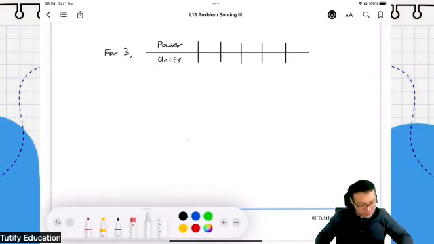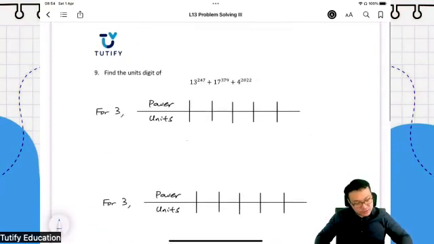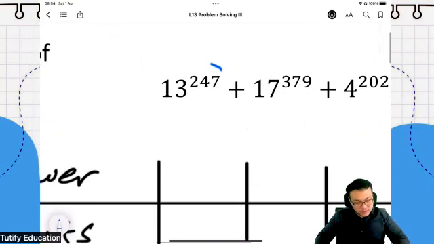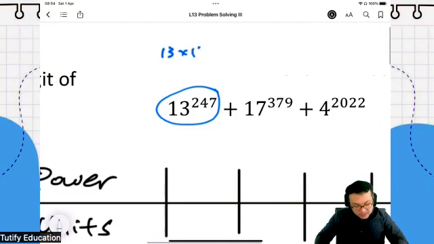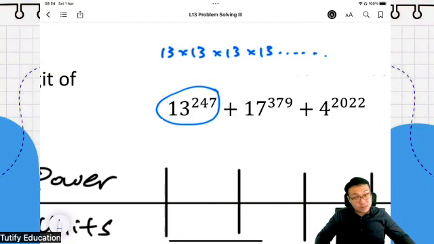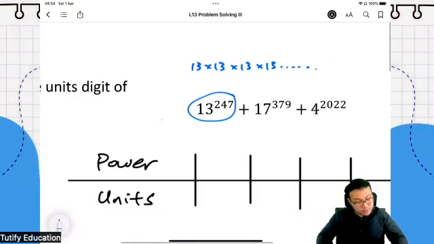So now I'm going to use a table. My first question to you is this. You look at this number, 13 times 13 times 13, 247 times. So many times. Do I really need to take 13 times 13, or what is enough?